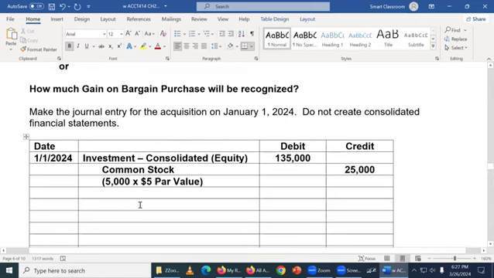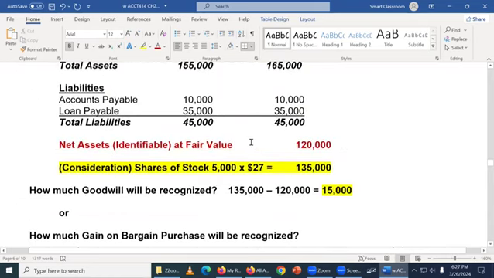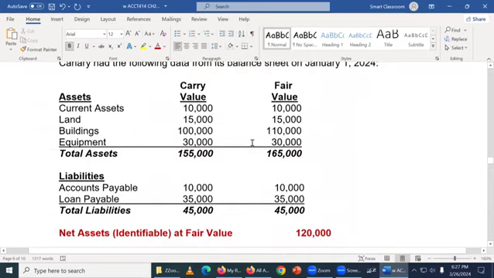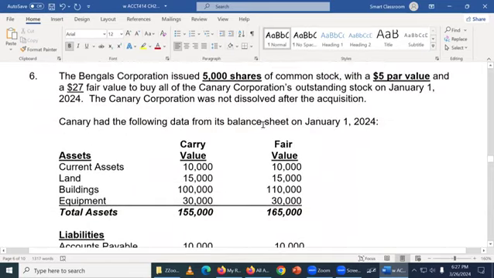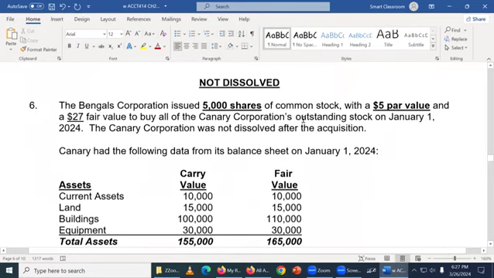Now, there is an additional amount above the par value that we have to take into account. The par value is kind of weird. I wish we didn't account for the par value. Some states require it, some states don't. Par value is a minimum amount that you can sell stock for.